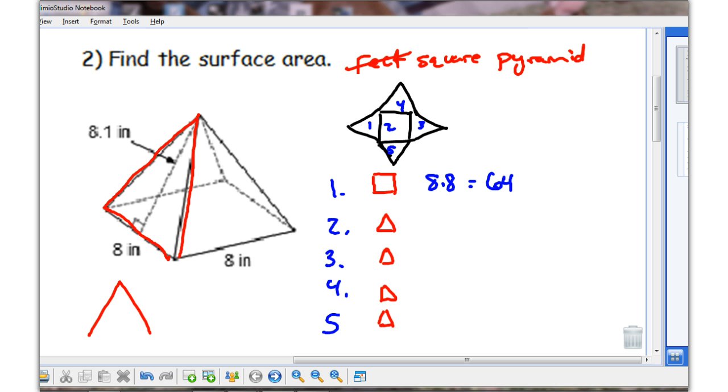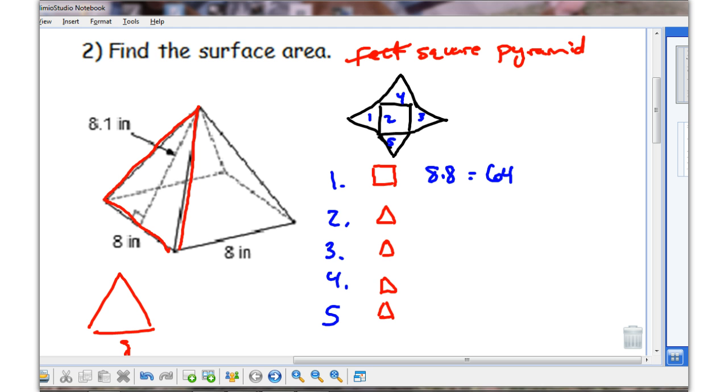So we're trying to find the area of a triangle with a base of 8 and a height of 8.1. That formula is 1/2 times the base 8 times the height 8.1, and 1/2 times 8 times 8.1 is 32.4.